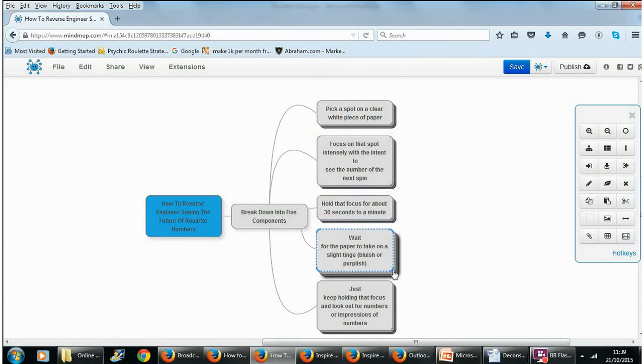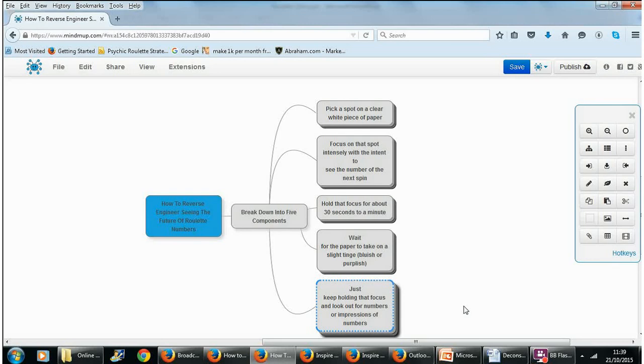The fourth was I waited until there was a slight tinge, bluish purplish. Now the fifth and final is just to keep holding that focus and look out for numbers or impressions of numbers, sometimes shadows on a piece of paper.